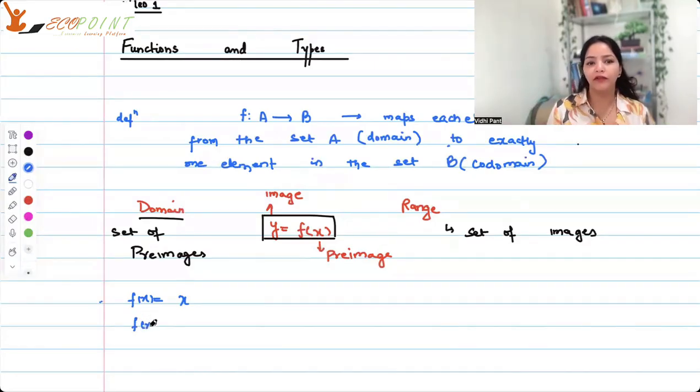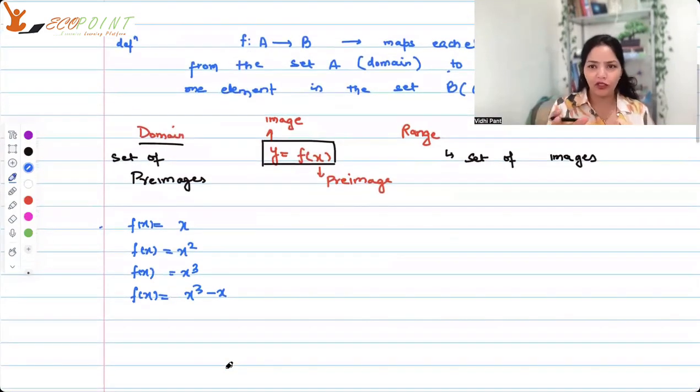You can have a function which is x square. For every x, you will get a unique y. You can have x cube. You can have x cube plus x, so on and so forth.